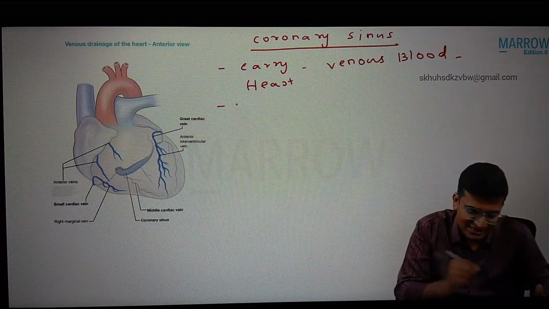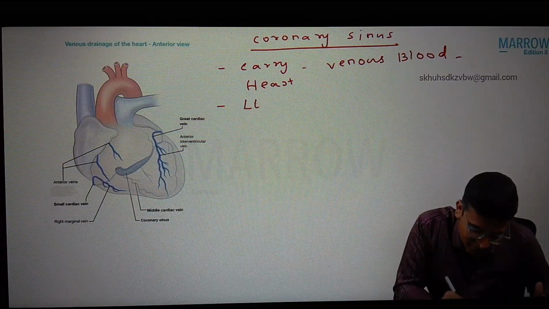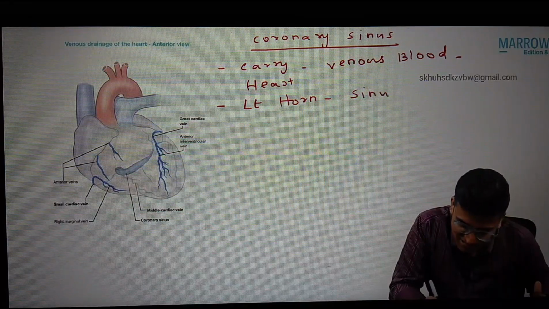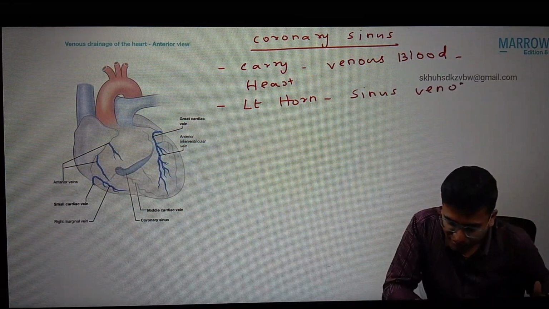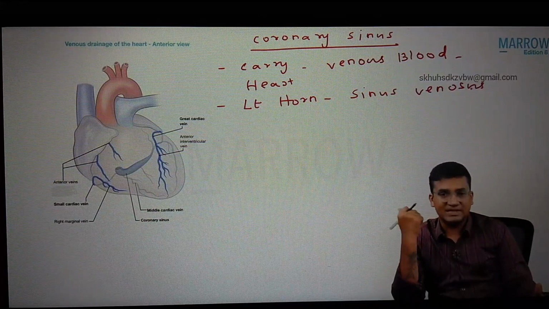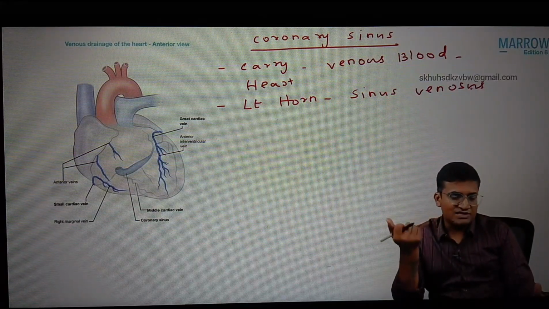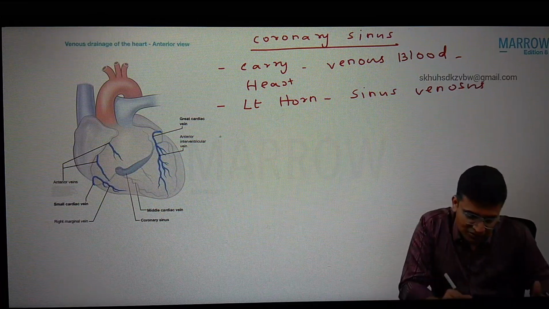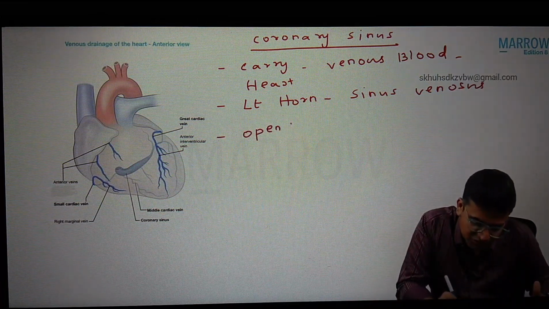The coronary sinus arises from the left horn of the sinus venosus. The left horn of sinus venosus regresses and forms the coronary sinus, which carries venous blood from the heart.